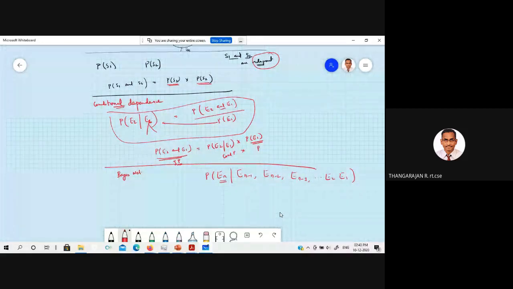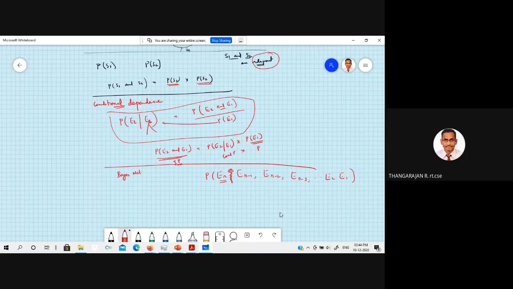Sorry, I'll say probability of E1. So this is a joint probability of n events: E1, E2, up to En minus 1 and En.